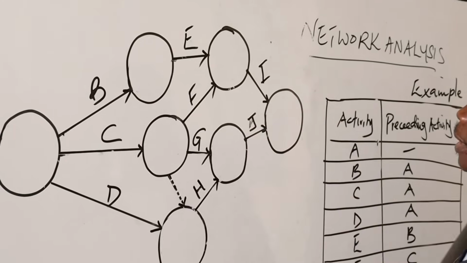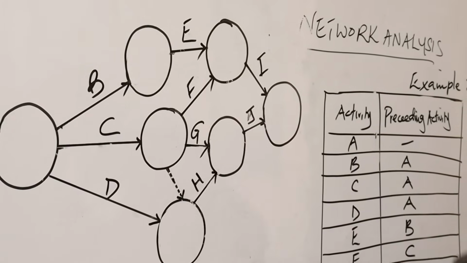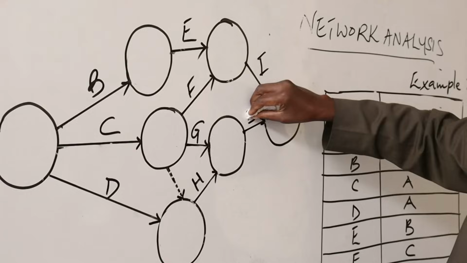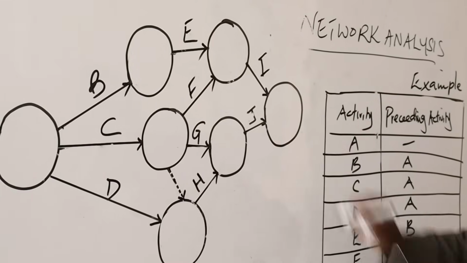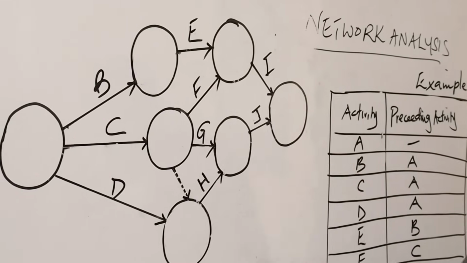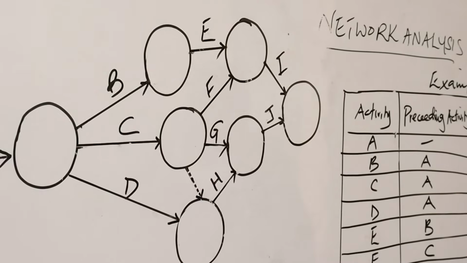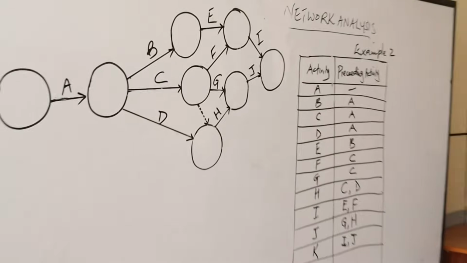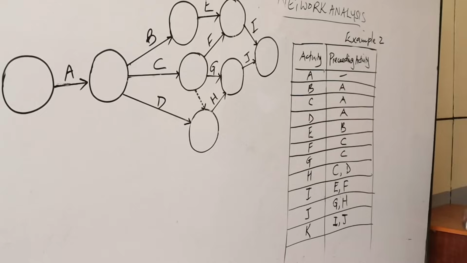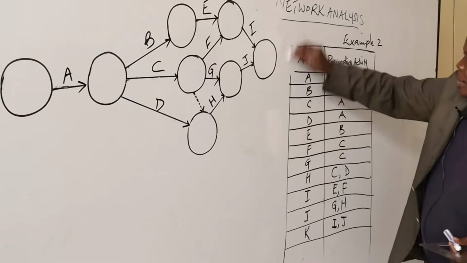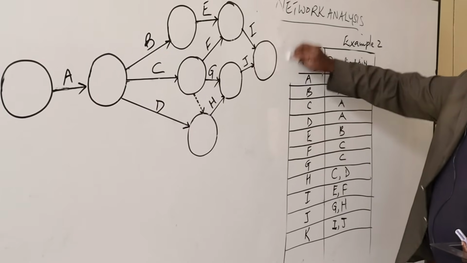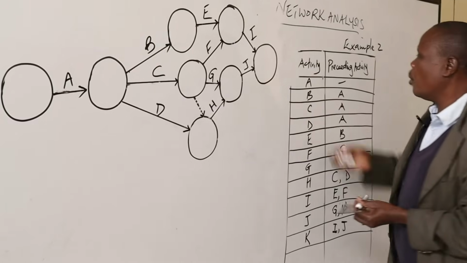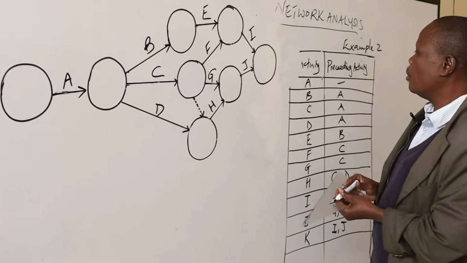That is J here, I and J, to give rise to K, which is the last activity so far in the project. So let me use this space for that node.